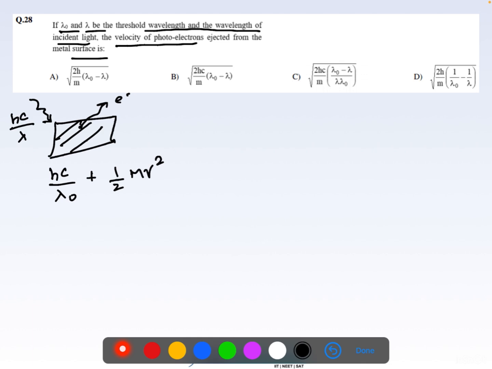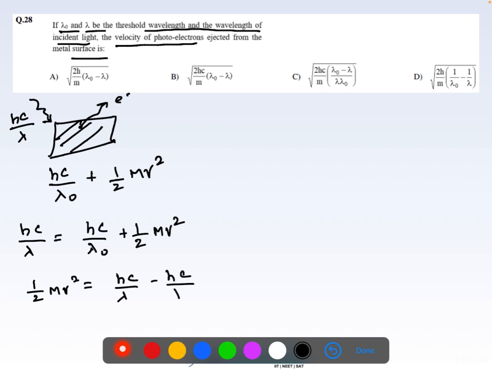So I can write hc by lambda is equal to hc by lambda naught plus 1 by 2 mv square. So now 1 by 2 mv square will be equal to hc by lambda minus hc by lambda naught.